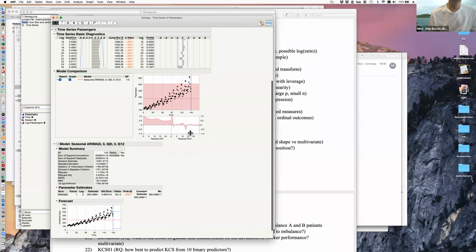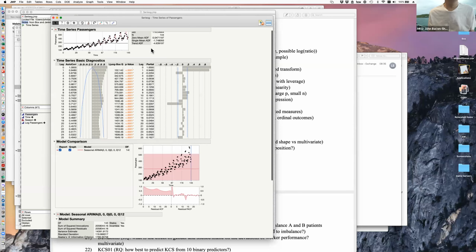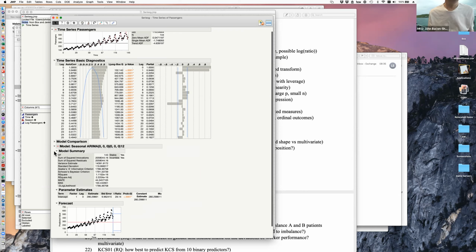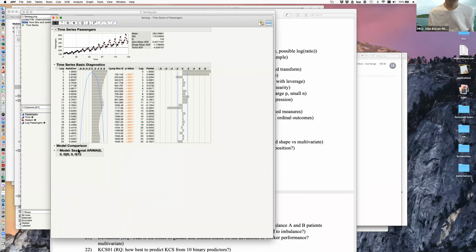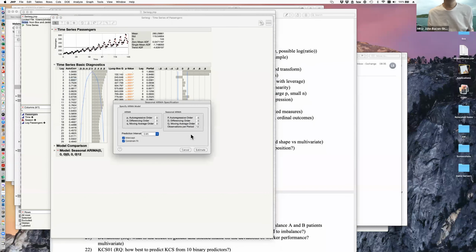But I haven't yet put in something more sophisticated. Let me go back, sorry, let's try that again. Let's do the seasonal ARIMA. Autoregressive and differencing are the two standard types of time series effects.